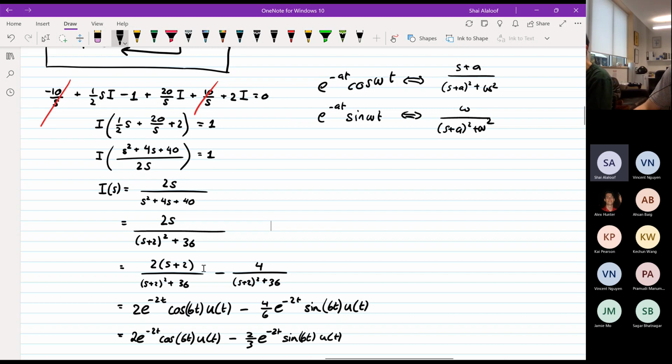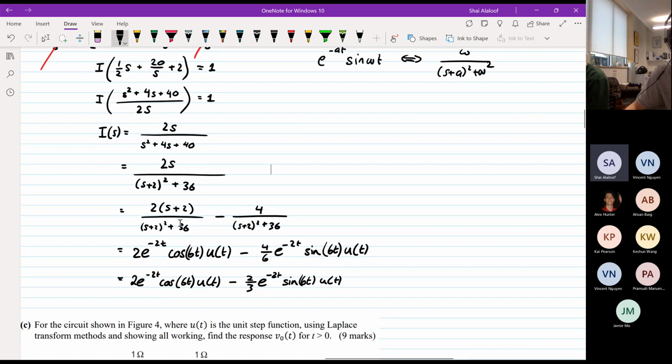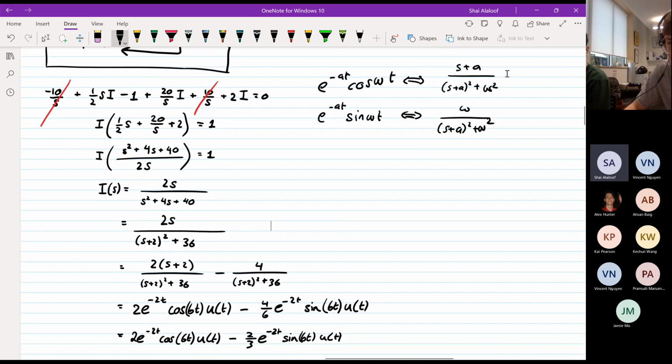Anyway, so I've got this, and then minus 4 over the same denominator. It doesn't change. All I've done is add 4 and subtract 4. The reason I've done that is because now the left-hand term is exactly what I want in order to transform to the cosine with the exponential.